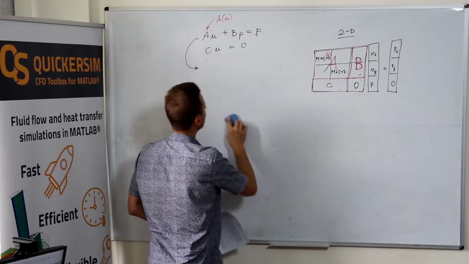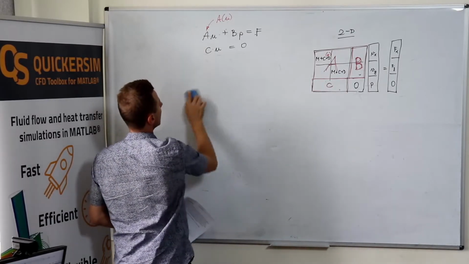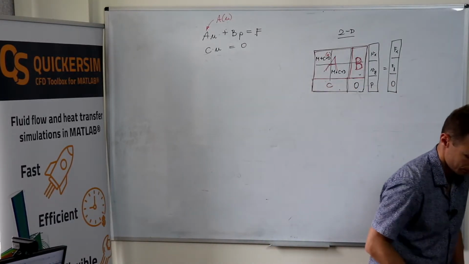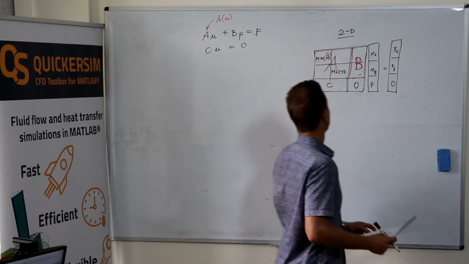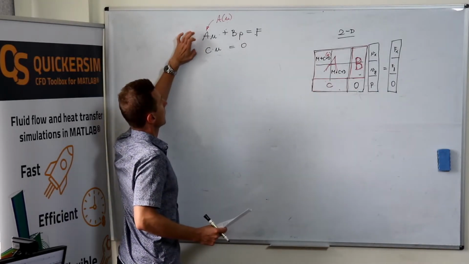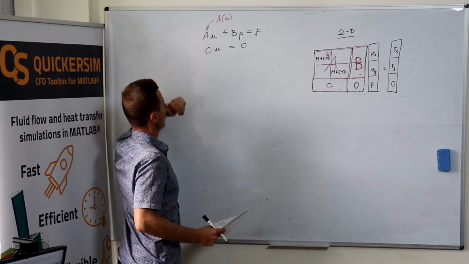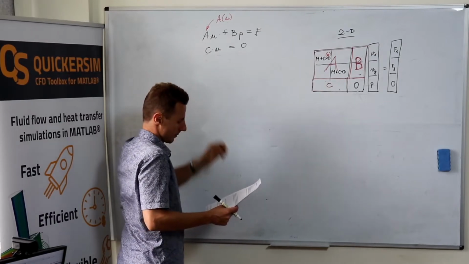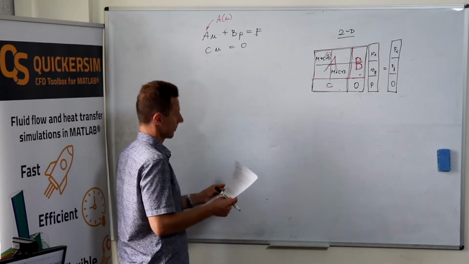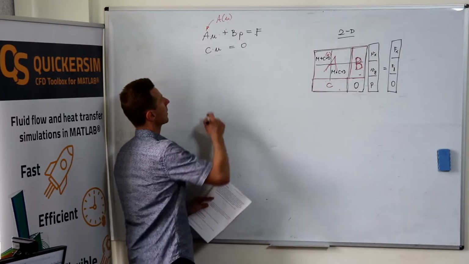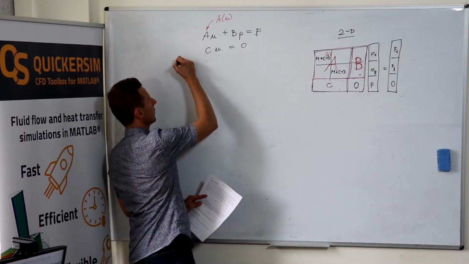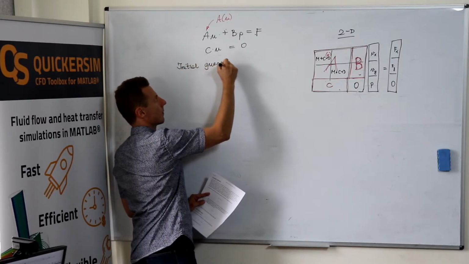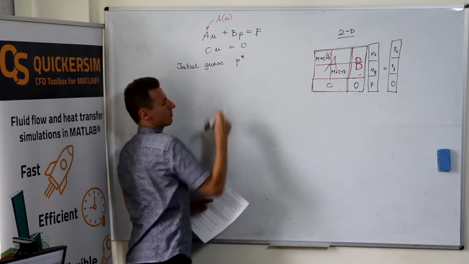The SIMPLE method does a very important simplification. Again, it starts with the same discretized problem, and what it does is, first of all, let's assume that you make an initial guess, let's call it p star.